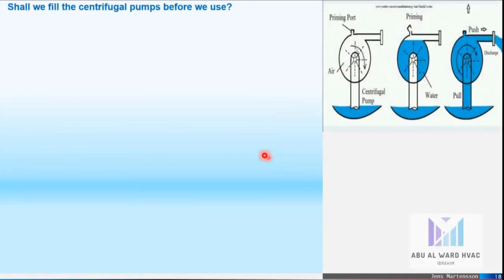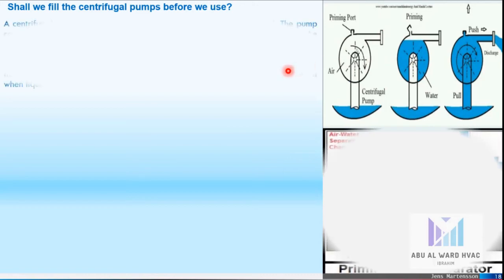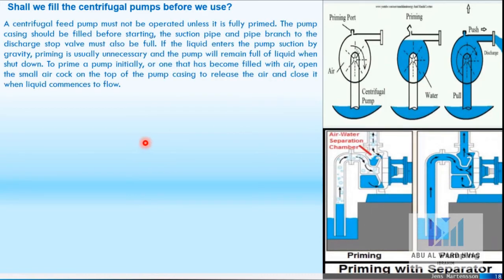Next, shall we fill the centrifugal pumps before we use? The rule says that a centrifugal feed pump must not be operated unless it is fully primed. The pump casing should be filled before starting.